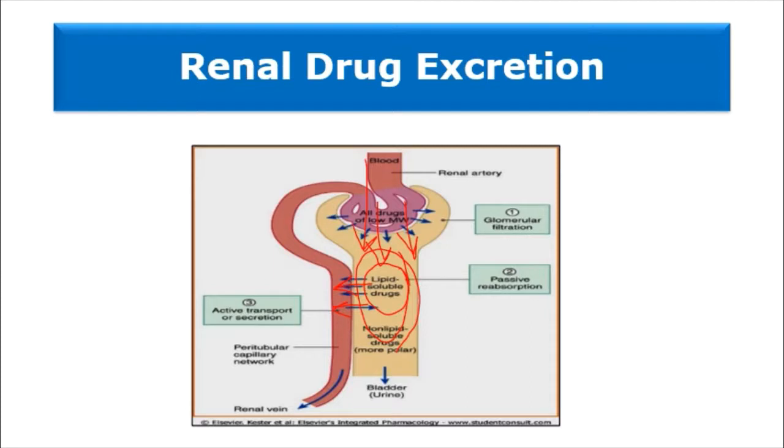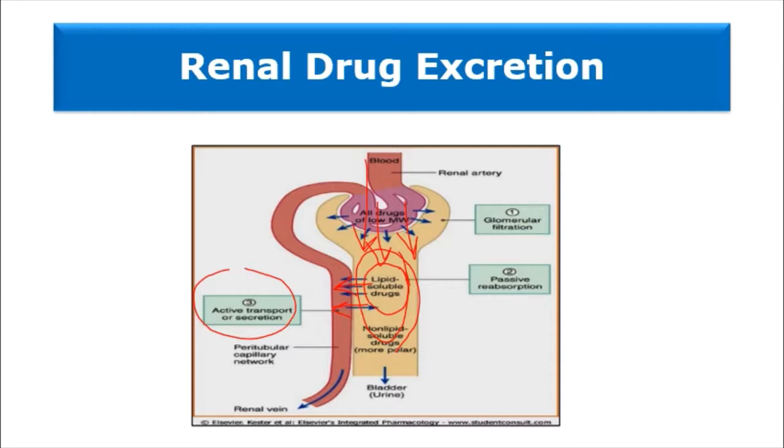Another process for drug transport within the renal tubules is active transport or active secretion. In this process, specific drugs which are substrates for the carrier proteins within the renal tubules can be transported by this pathway against the concentration gradient.